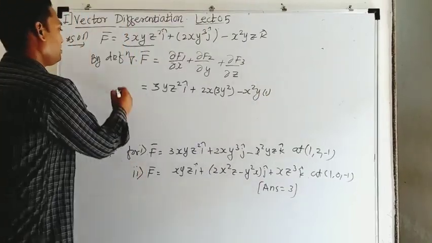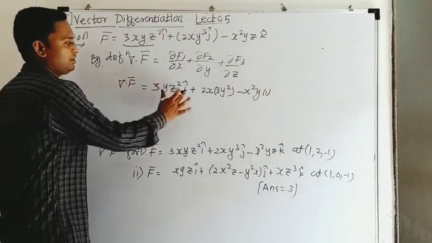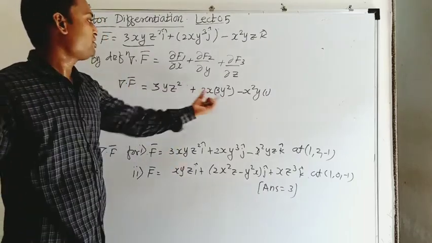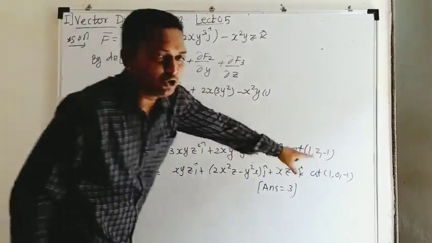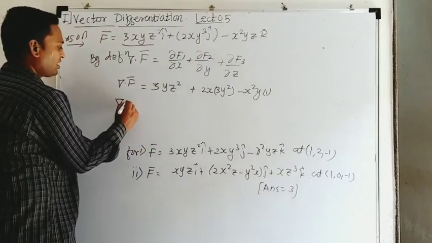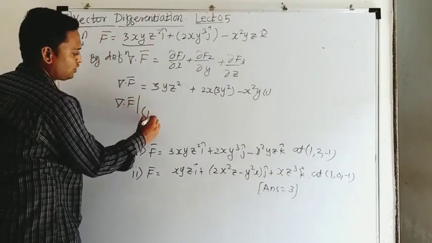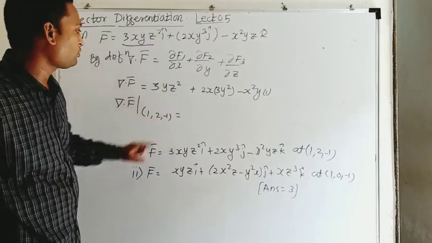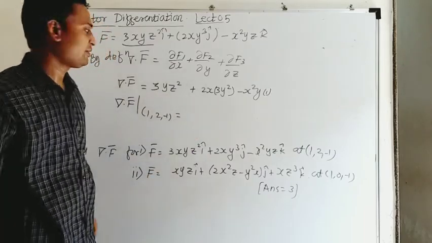Okay, so this is the value of del dot f bar. Sorry, by mistake I have written an i cap here. It is a scalar quantity, so it is an addition of terms. And at the point 1, 2, minus 1 we have to calculate. So del dot f bar at 1, 2, minus 1 equals, put x equal to 1, y equal to 2, z equal to minus 1. In this you will get the required solution.